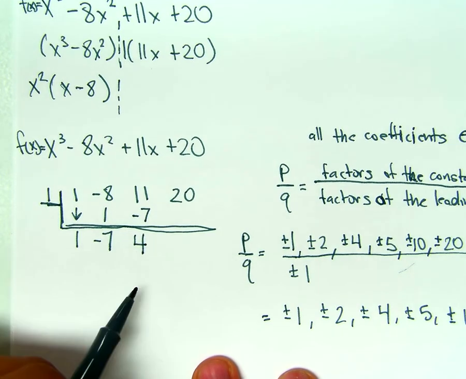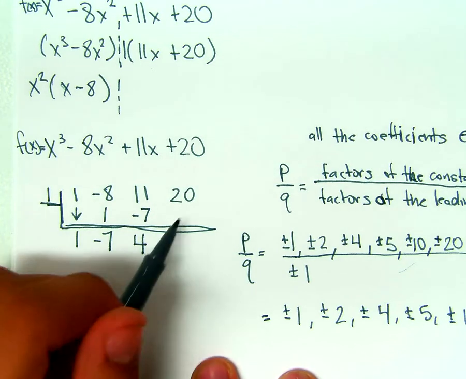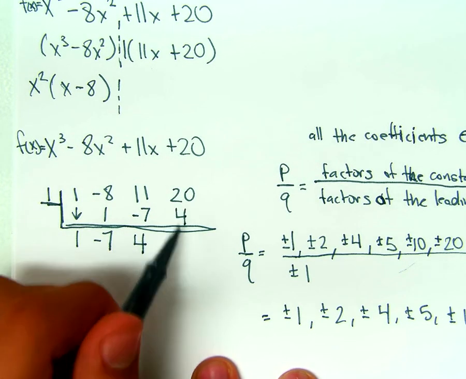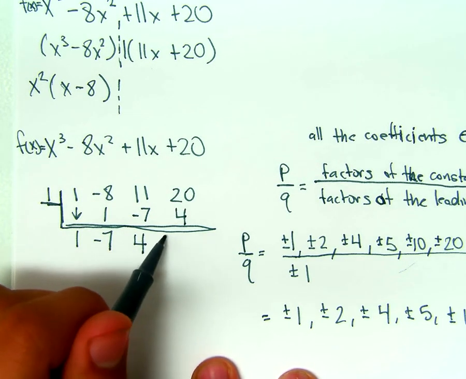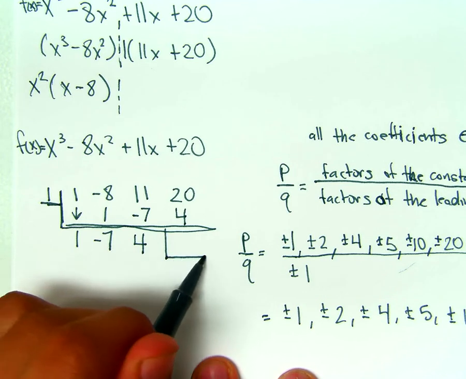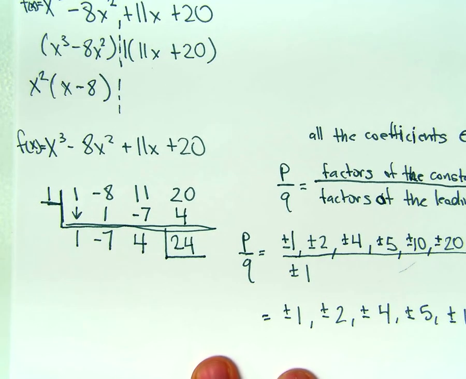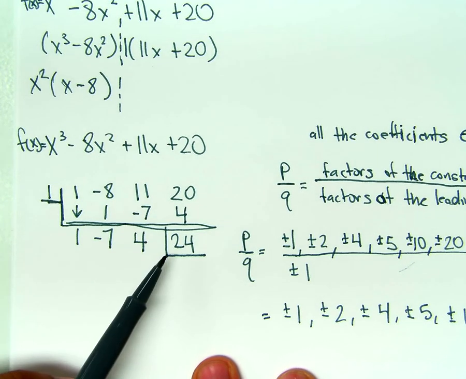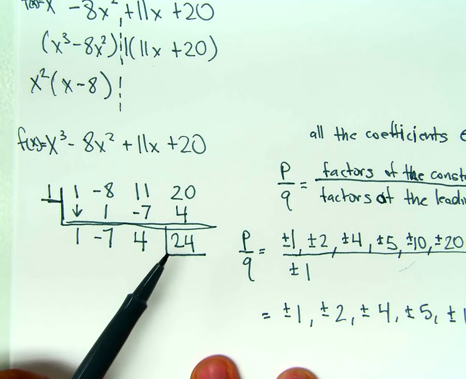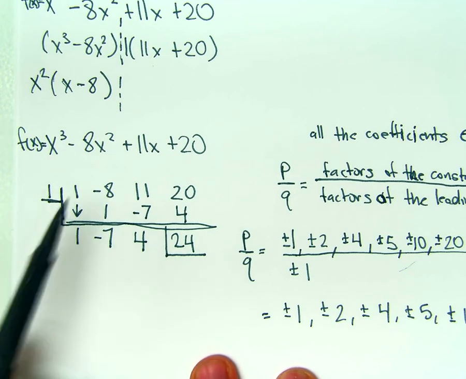Yeah, you said 4. 1 times 4 is 4. 20 and positive 4. 24. Yeah, it's positive 4. So is 1 a factor? I mean, is 1 a solution or a 0? No. Why not? What do we want our remainder to be? 0. Okay, so if our remainder is not 0, then 1 will not work.